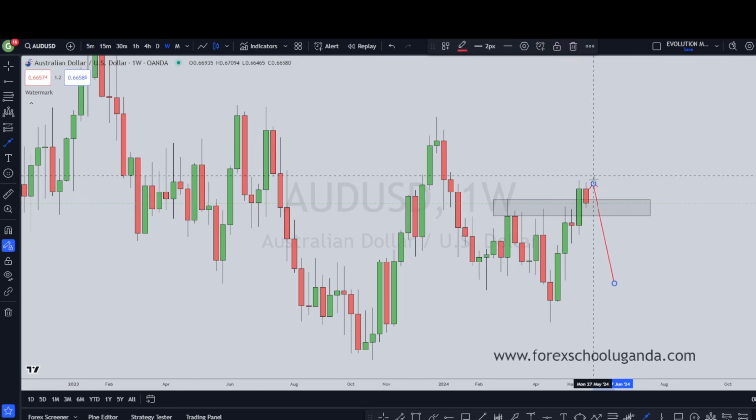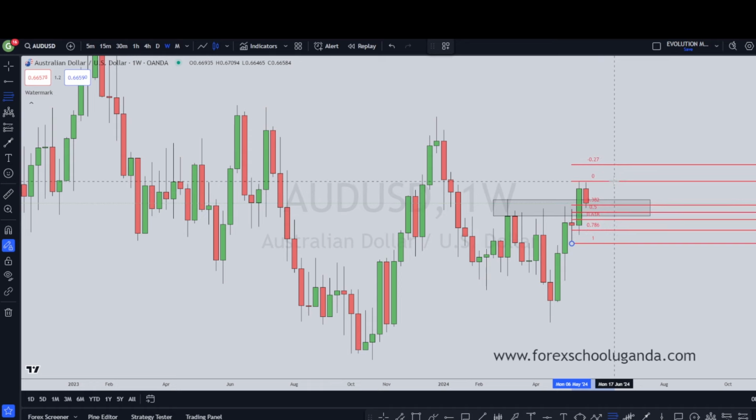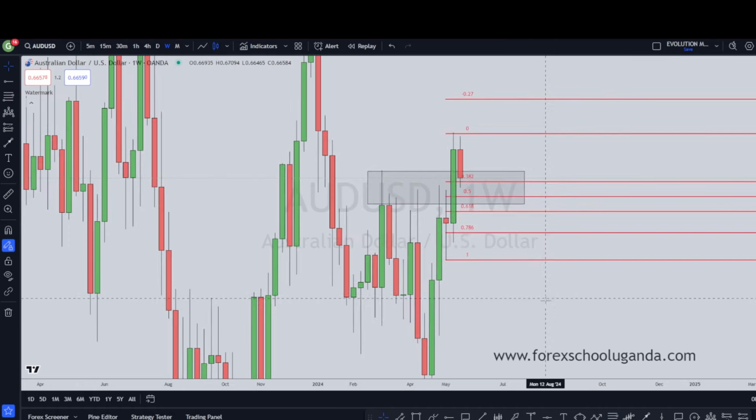What we see now is price retracing and retesting this area of resistance, now turned support. And if we take our Fibonacci tool to measure this impulsive move to the upside, what we see is that price is currently testing the 38.2 retracement level.